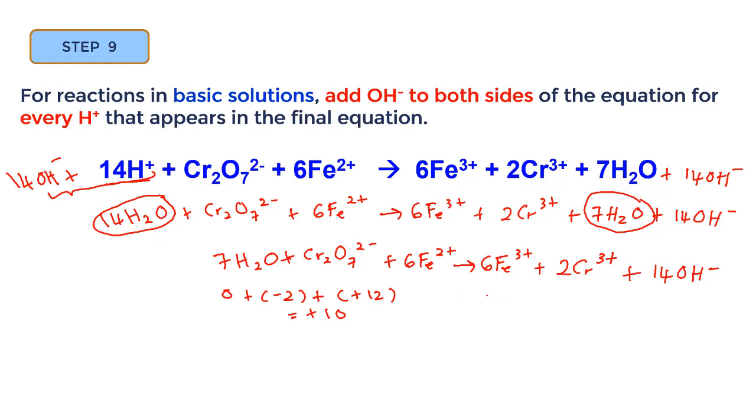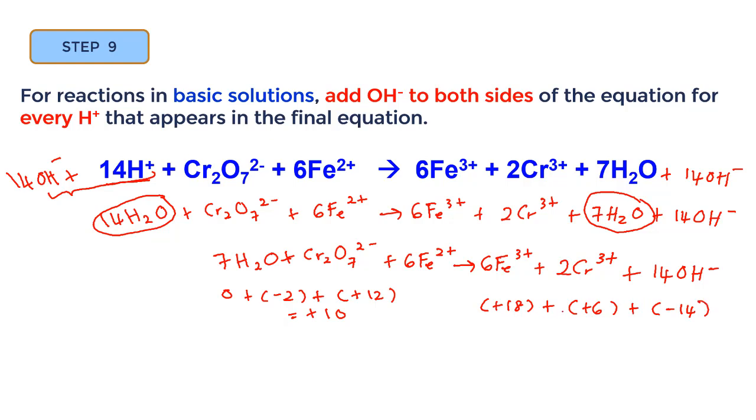At the right side, 6 mole of iron 3 plus ion brings positive 18 charge, plus 2 mole of chromium 3 plus ion brings positive 6 charge, and 14 hydroxide ion brings negative 14 charge.